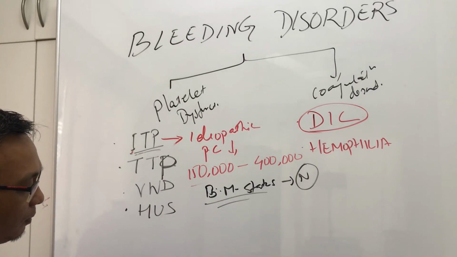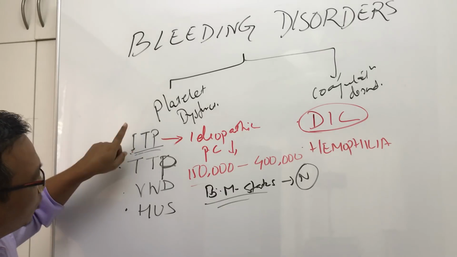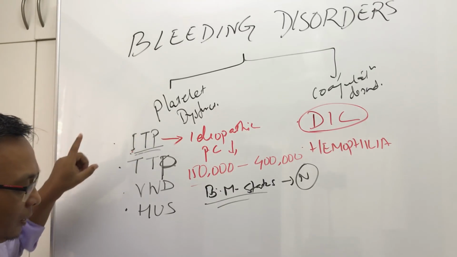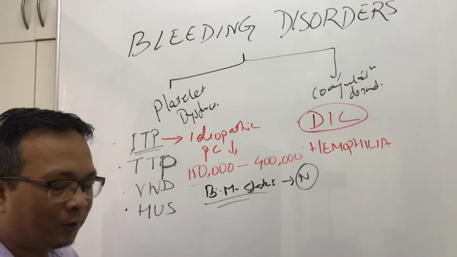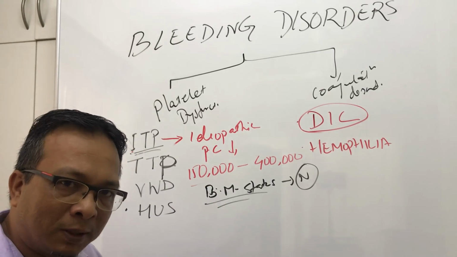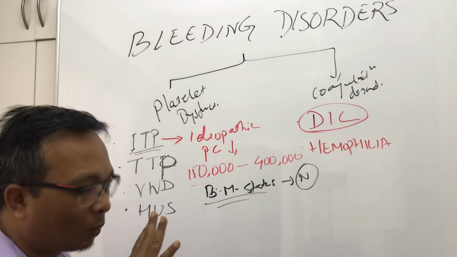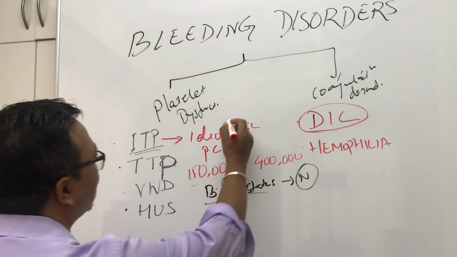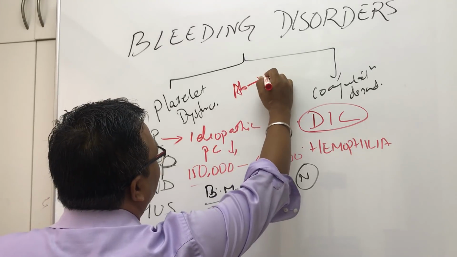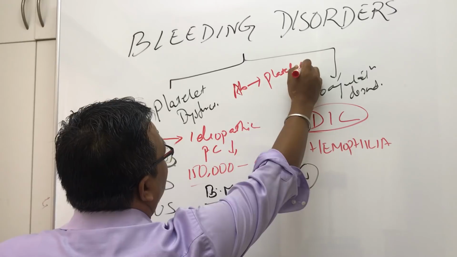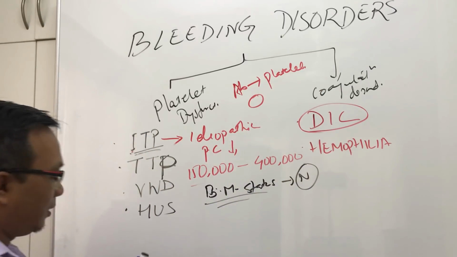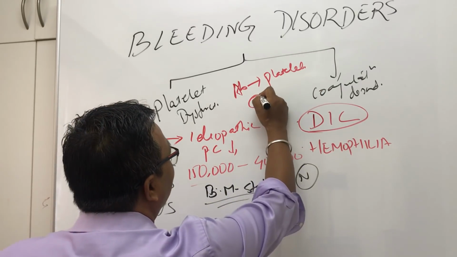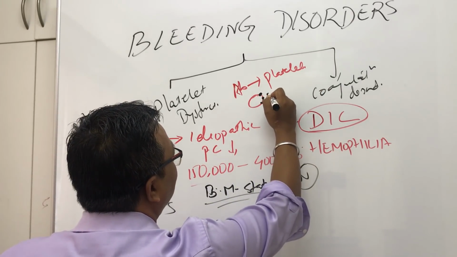Now, one more thing about ITP that we need to know is the pathophysiology of ITP. Though we don't know the exact cause, in 50% of cases there are antibodies directed against platelets. Means the platelets are coated with IgG antibodies.